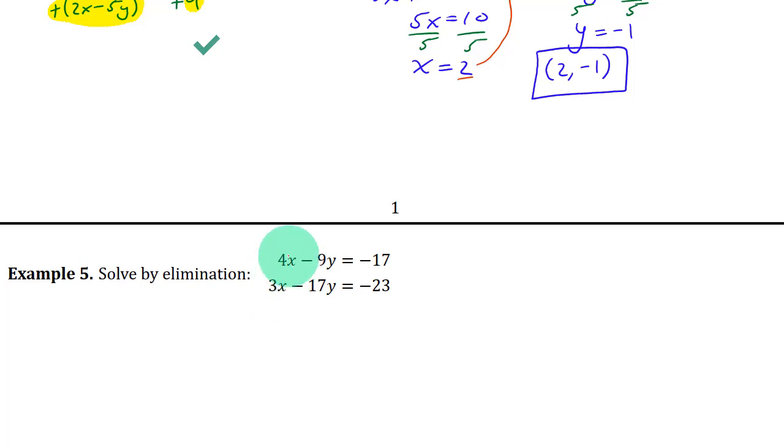I'm just thinking of something that I can get for the 4x and 3x that makes it so they're opposites. So what I'm going to do is take both sides of this equation here and multiply both sides by 3. And then take both sides of this equation and multiply it by negative 4.